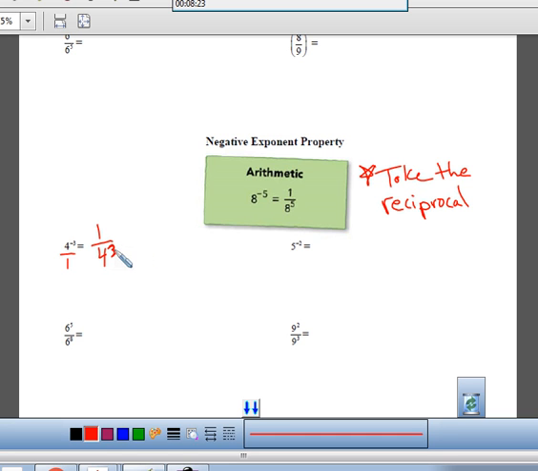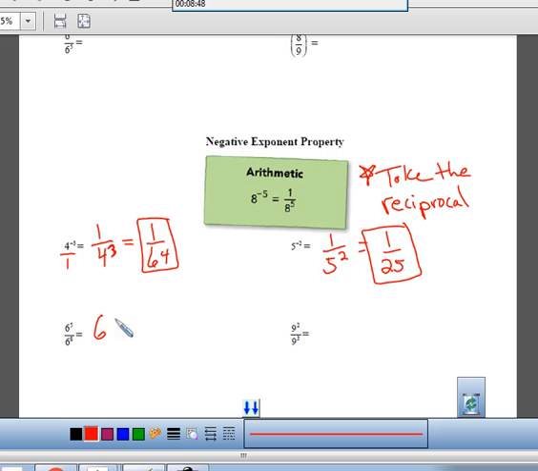Now, we do know what 4 cubed is. That's 1 over 64. 5 to the negative 2. That's the same as 1 over 5 squared, or 1 over 25. The next one, 6 to the 5th power over 6 to the 8th power, so I subtract 5 minus 8, and I get 6 to the negative 3.